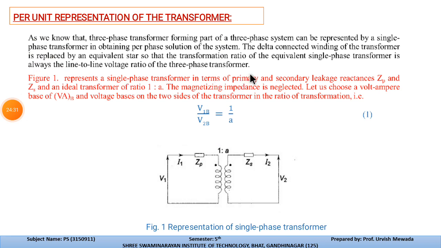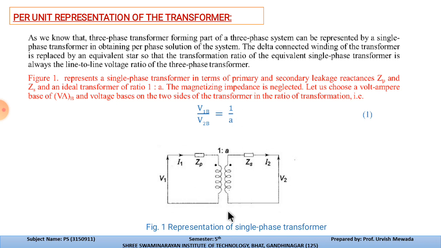Over here, the delta connected winding of the transformer is replaced by an equivalent star, so that the transformation ratio of the equivalent single phase transformer is always the line to line voltage ratio of the three phase transformer. So this figure 1 represents a single phase transformer in terms of primary and secondary leakage reactance, say ZP and ZS. This is the primary leakage reactance and this is the secondary leakage reactance, and an ideal transformer of ratio 1 to a, the magnetizing impedance being neglected.